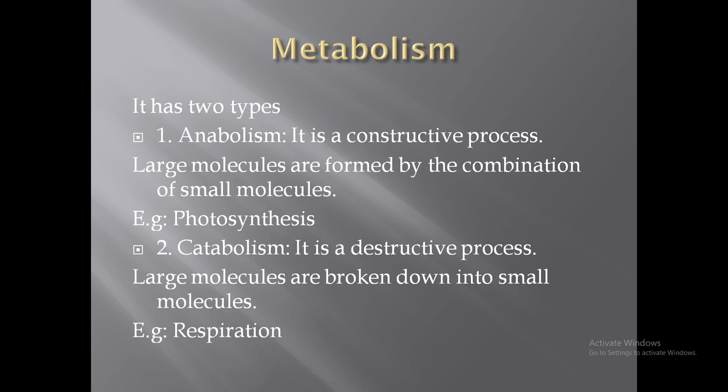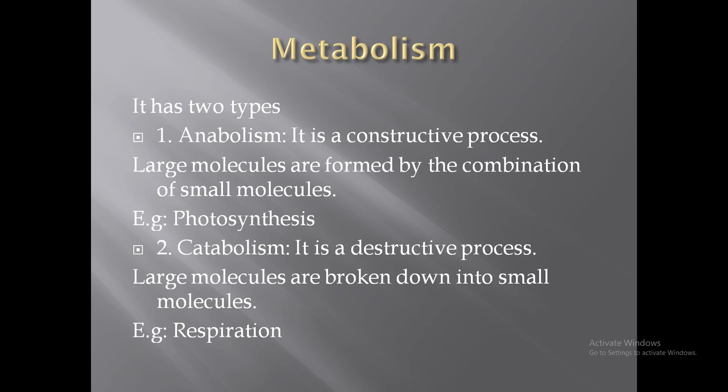So carbon, hydrogen and oxygen are the small molecules, and they unite together to form a large molecule of the carbohydrate type, that is glucose. An example of such anabolic reactions is photosynthesis. Photosynthesis occurs in plants.